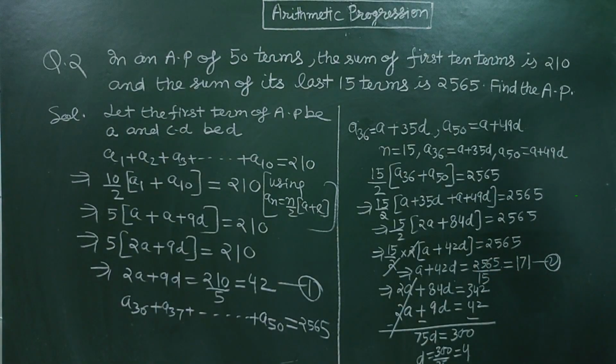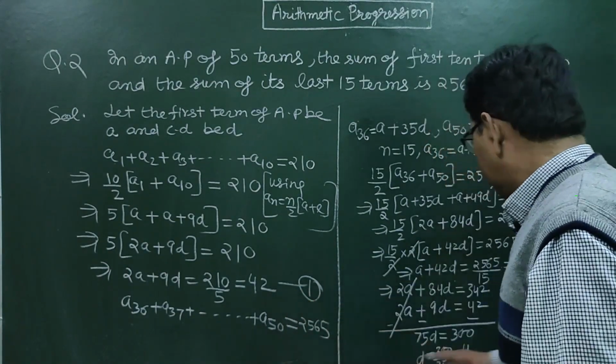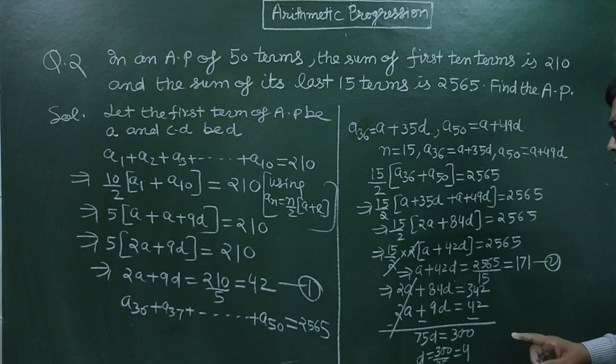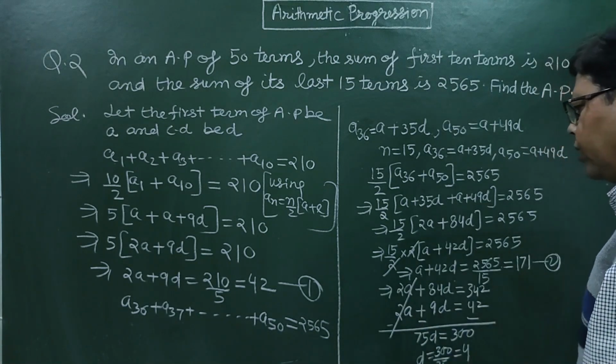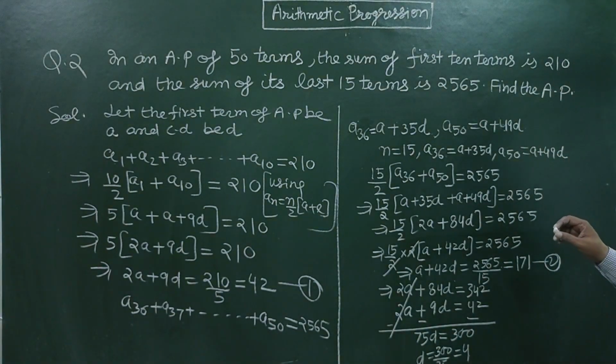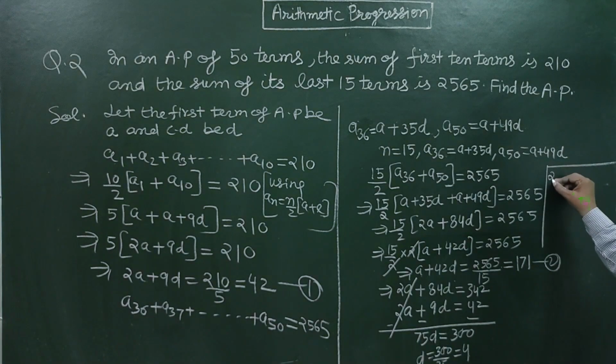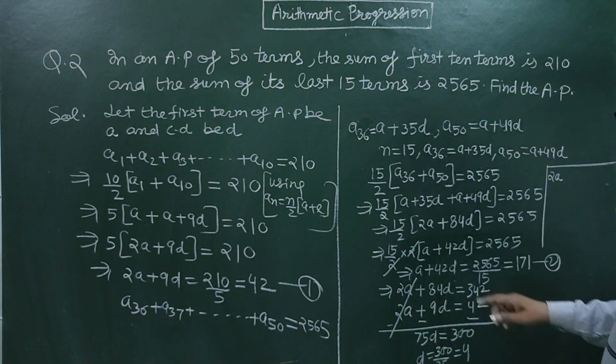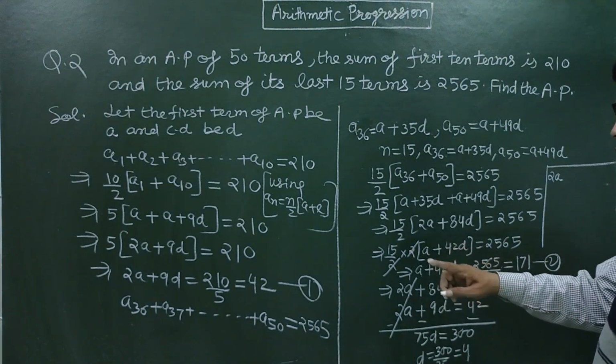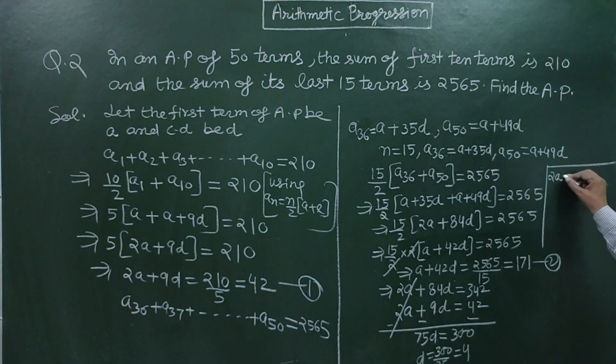Now we have got the value of D. We can put it in the first equation or in the second equation. If we put it in the first equation, the value of D is 4, so 2A plus 9D is equal to 42.